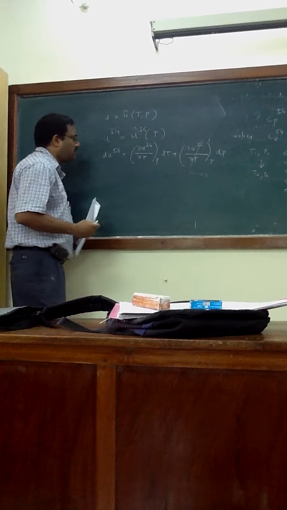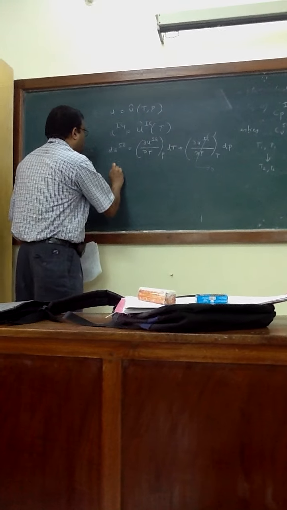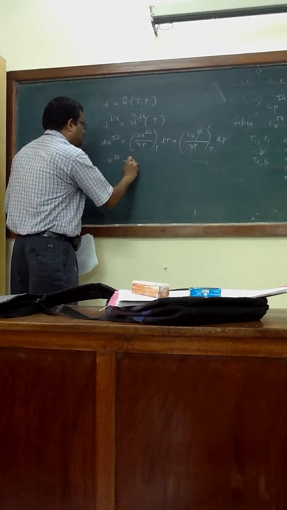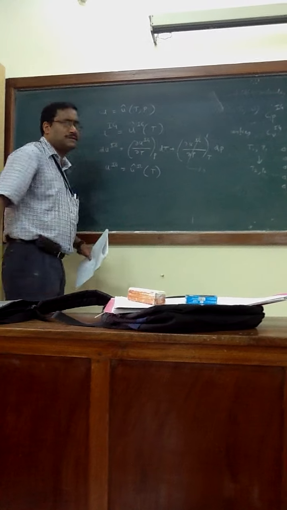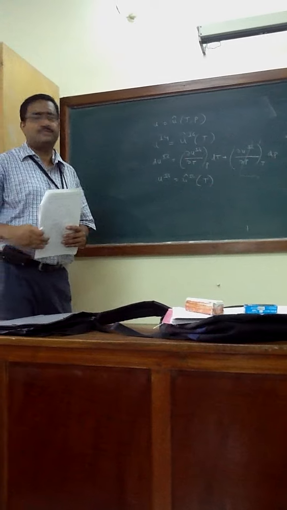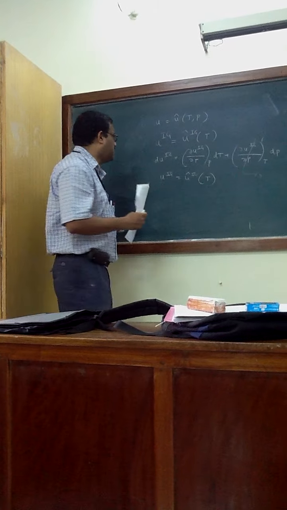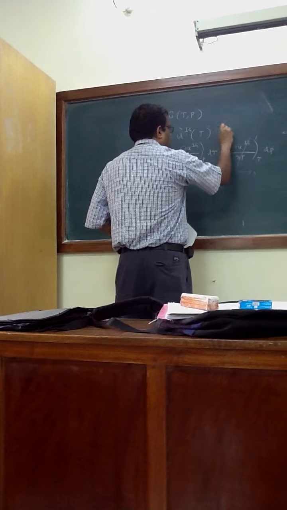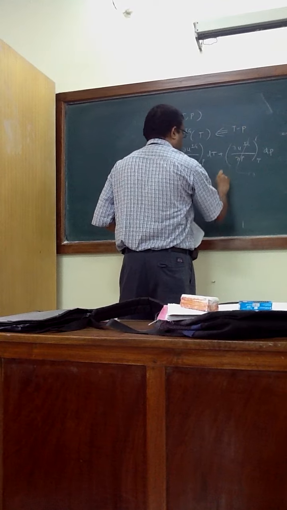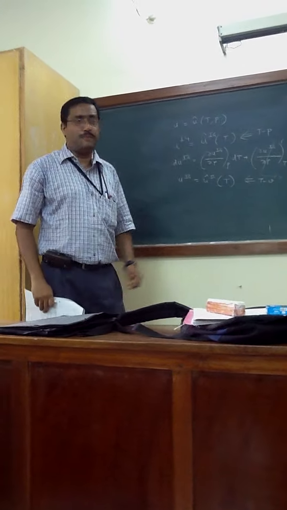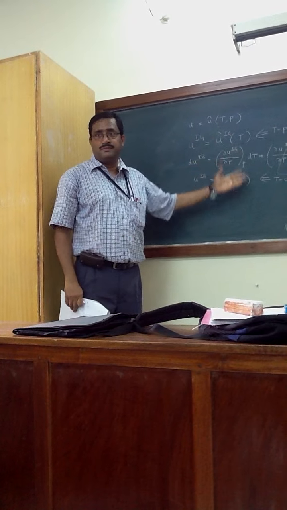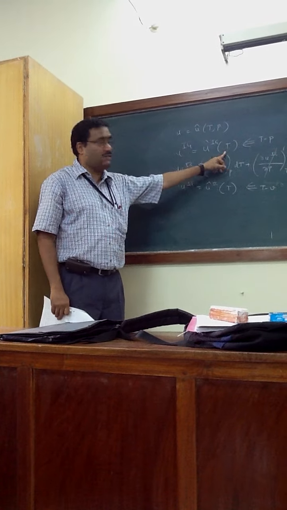Similarly, we have U ig, which is U hat ig from the TV plane. So this is for the TP aspect, the TV aspect also. In fact, you should be getting the same result. This U is a function of T, invariant.